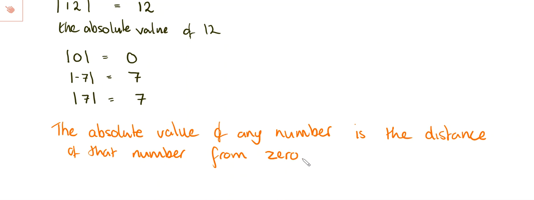Does that make sense? How far from 0 is 12? 12. Well, how far from 0 is negative 7? 7. It's the opposite direction, isn't it? But we don't say negative, because distance is always expressed as a positive number.